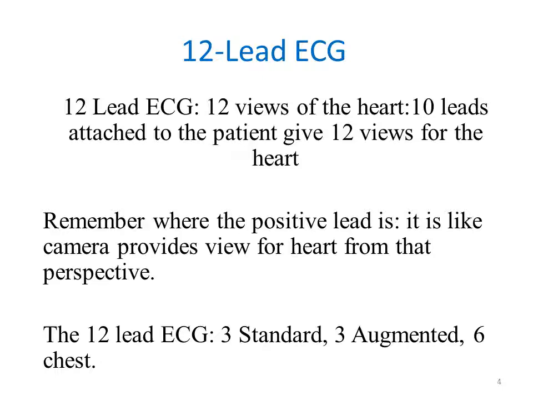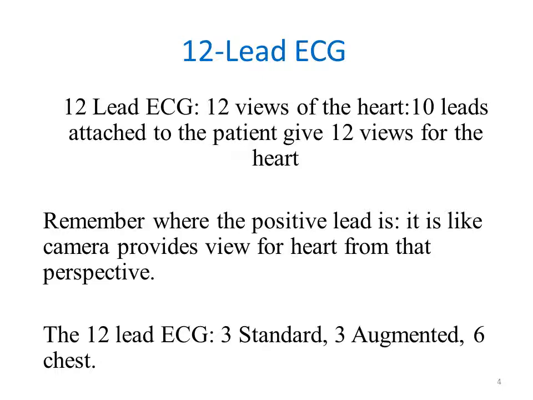12 lead ECG is used to provide 12 views of the heart, with 10 leads attached to the patient, and these 10 leads provide us with the 12 views of the heart.